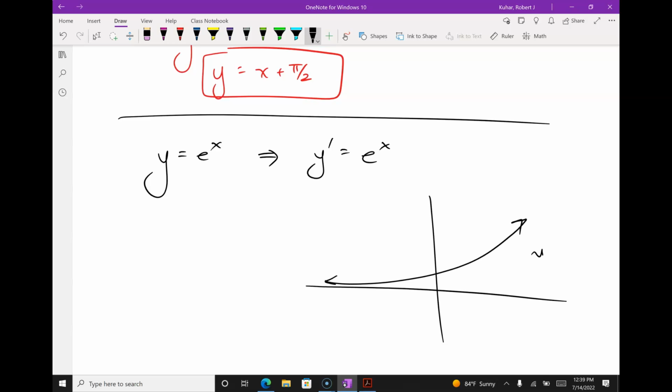This is y equals e to the x. So for example, at 1, our coordinates are what? 1 comma what? Say again? Yes, I like e. E to the 1 is e, right? It's 2.72 approximately. What's the slope there?